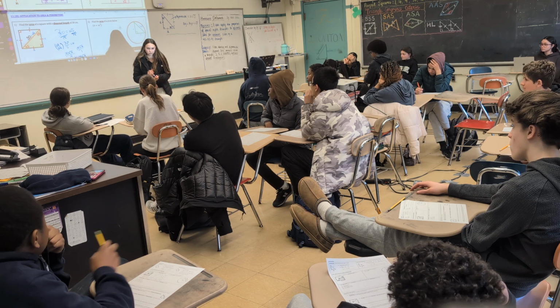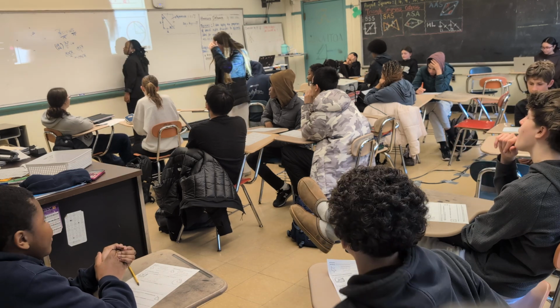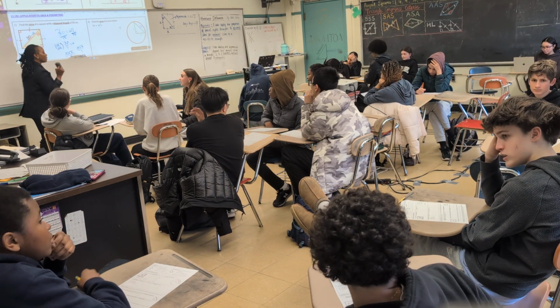That's it. So we're saying the side of the square is 15 root 2. Everyone get that? I'll just share the question.